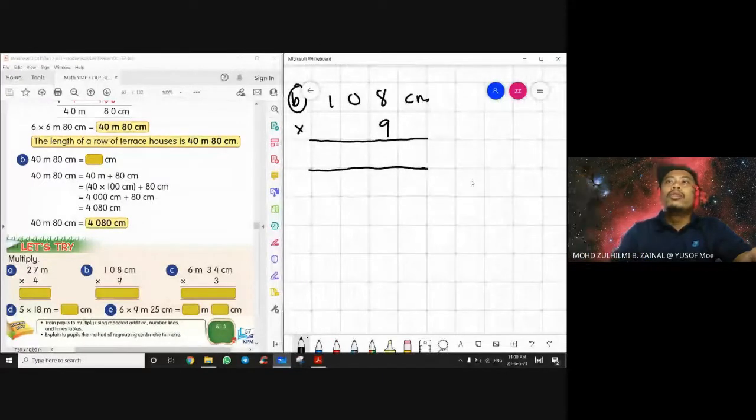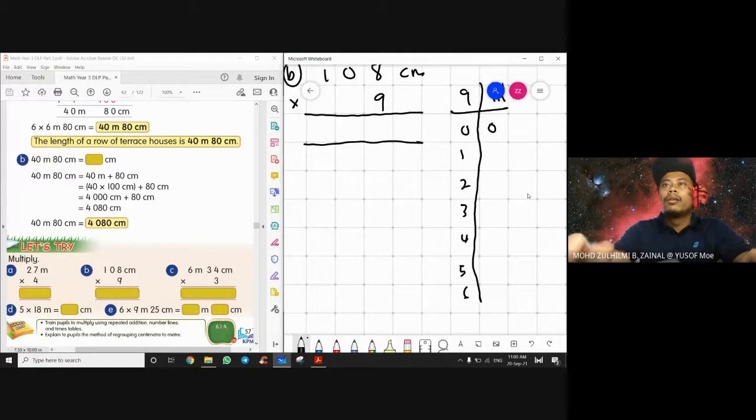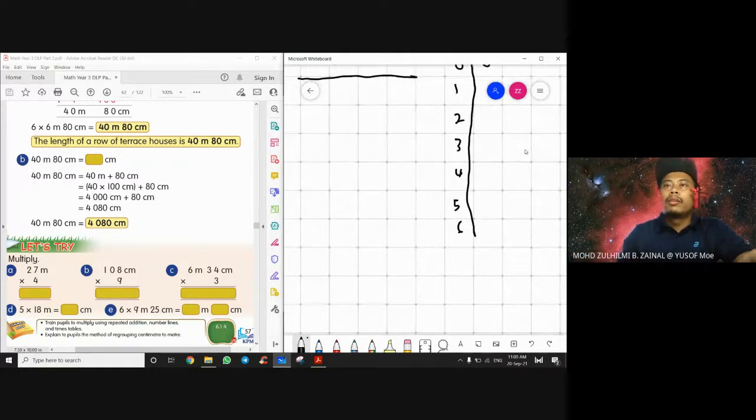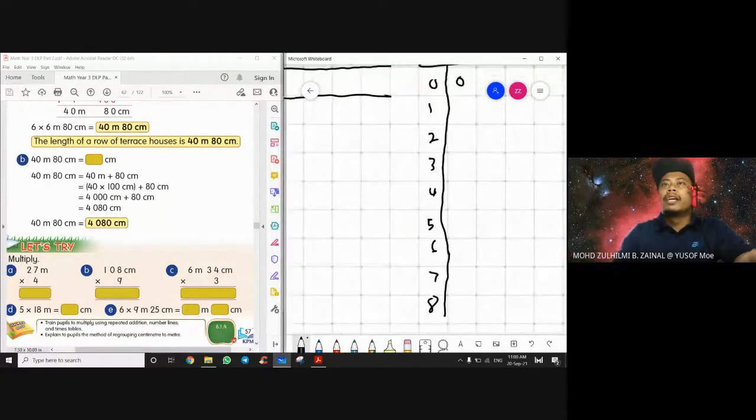So you can use multiplication table 9 for 9, 1 2 3, until 8 kita ambil sampai 8. 2 3 4 5 6 7 8. Okay. So sifir 9 senang je.